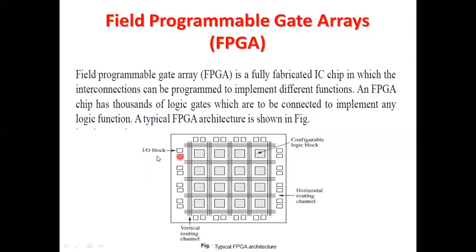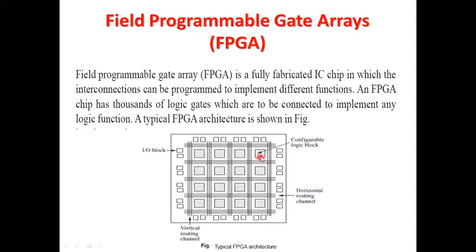You can see that there are IO blocks, there is a horizontal routing, that is, you can also say the interconnects. Then the configurable logic blocks are there, and again there is a vertical routing channel, that is, vertical is this one and horizontal is this one. Okay, so there are three types of components here. Just look at this one.